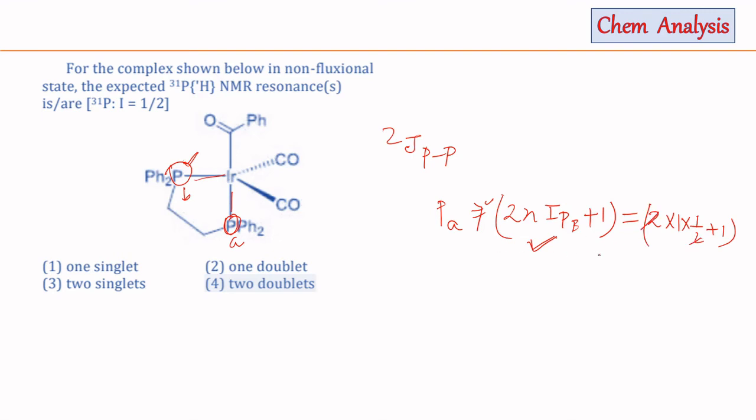That is, for PA there will be a doublet, and PB will also be split by PA similarly, and it will also show a doublet. Therefore in this complex, in the 31P proton decoupled NMR, there will be two doublets.